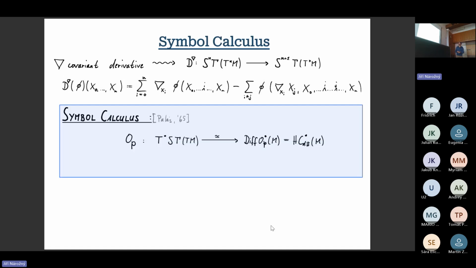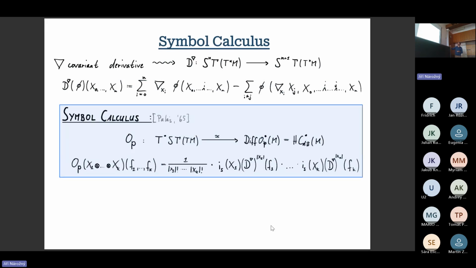This is interesting because with this we can really write down what I would call a symbol calculus. This is the isomorphism op, because it constructs out of the tensor algebra of the symmetric algebra of the vector fields a differential operator. The map is given as follows. We plug in an element of our tensor algebra. We want it to be a differential operator, so we have to evaluate it on functions.